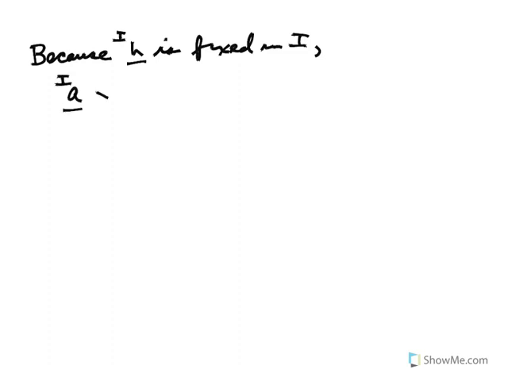Because hi is fixed in I, we can write the following, which is that ai crossed with hi is equal to the rate of change in the inertial frame of the inertial velocity crossed with hi.